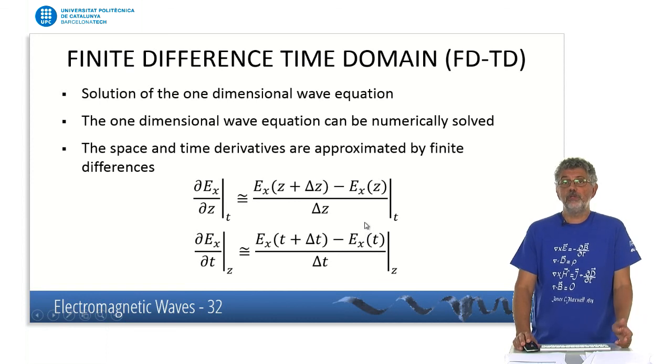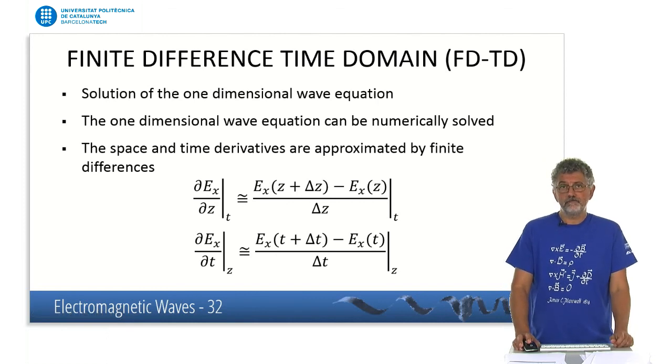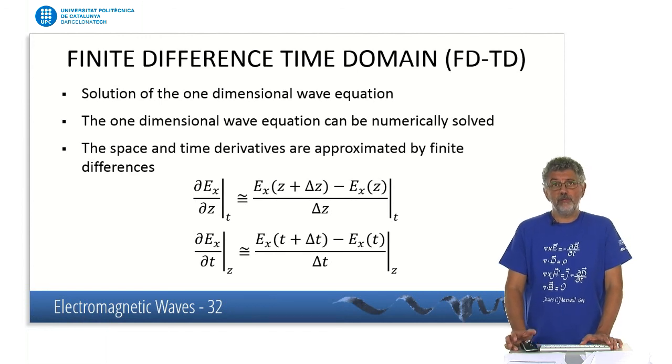And that's a good approximation for the space derivative. Also with the time derivative we can do the same thing. We just take the difference of the field value at two time samples, and dividing by that time increment we have a good approximation of the time derivative of the electric field.